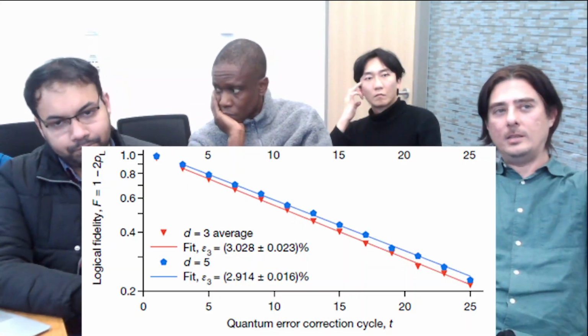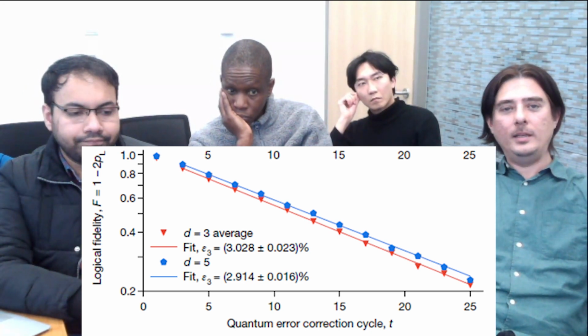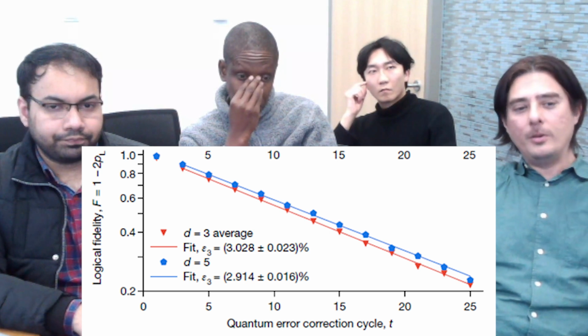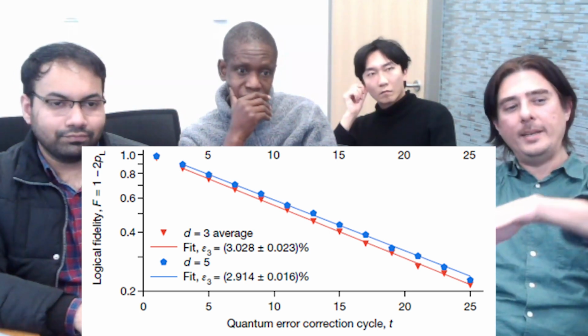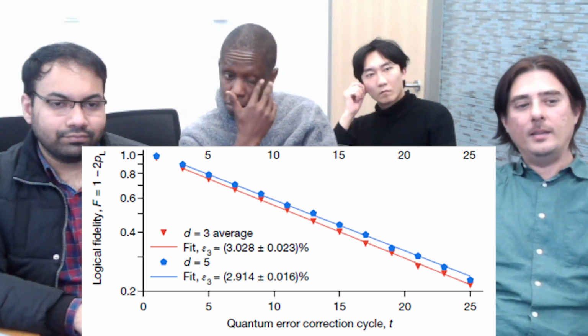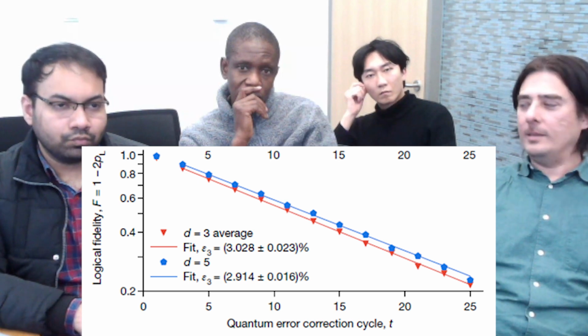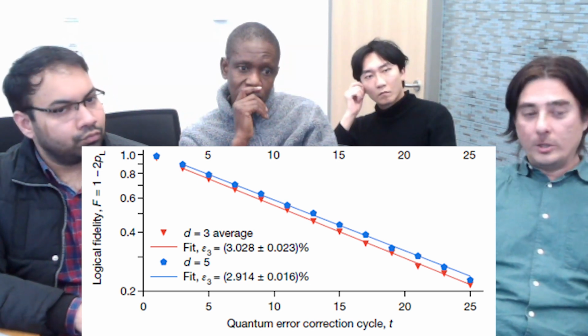The bottom one is just fitting this same thing to an exponential, but looking at the probability of getting an error per cycle. The gradient here, the 3.28% that you're seeing there, is saying that per cycle, there's a probability of 3% of getting a logical error.